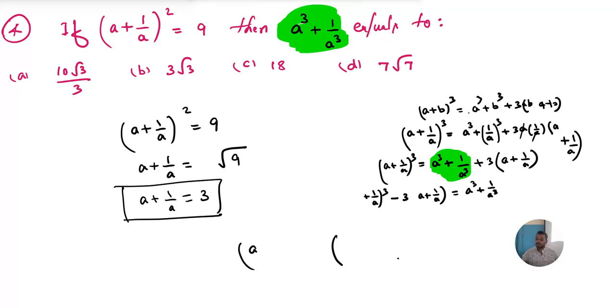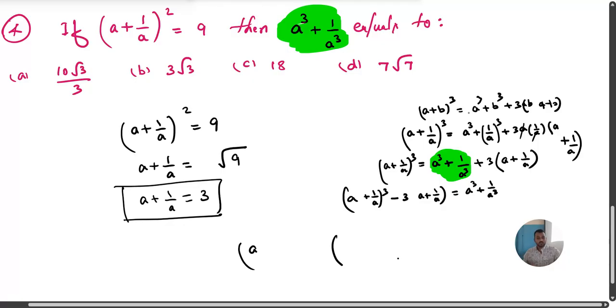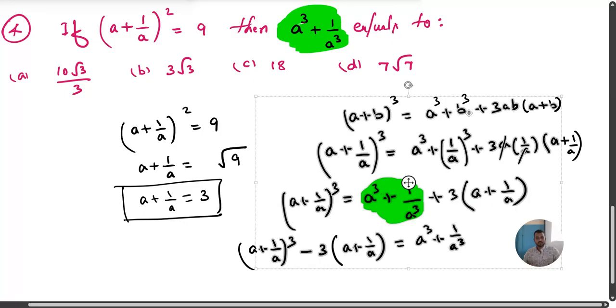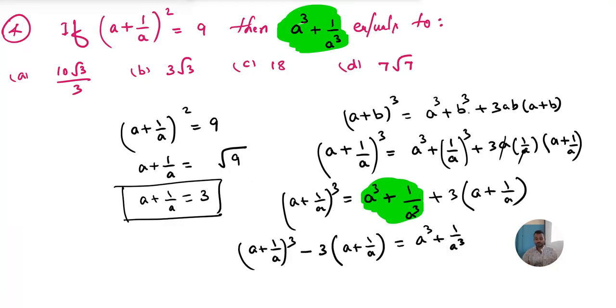Am I right? Okay. So this is (a plus 1 by a) whole cube. Correct? Minus 3. Correct? No. Just a minute. It was like this. Okay. Let me scroll down.